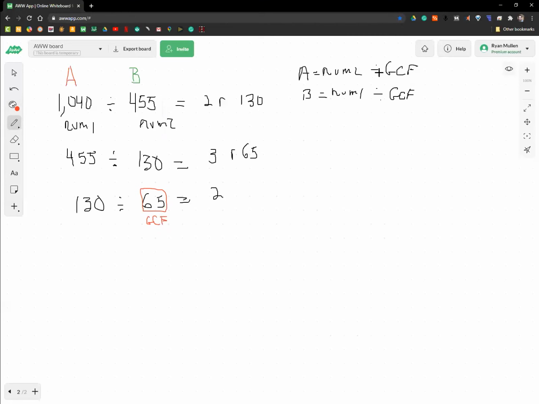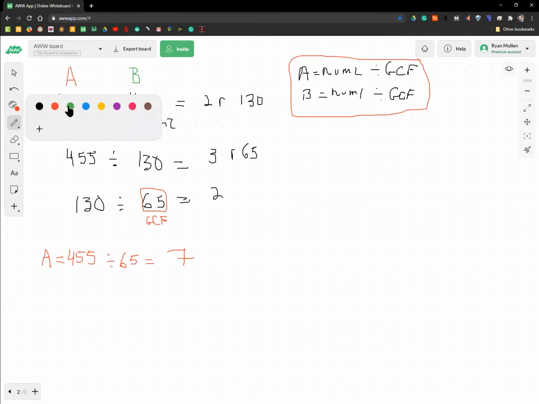Now that I found my GCF, I can execute our algorithm right here. If I want to find A, it is equal to number 2, which is 455, divided by my GCF of 65, and that is equal to 7.